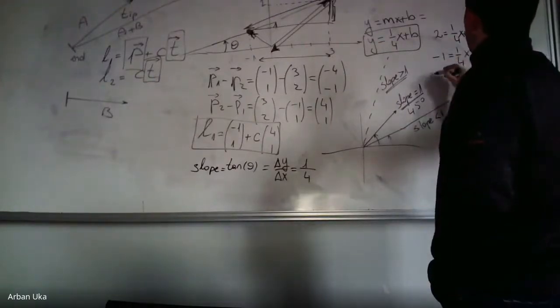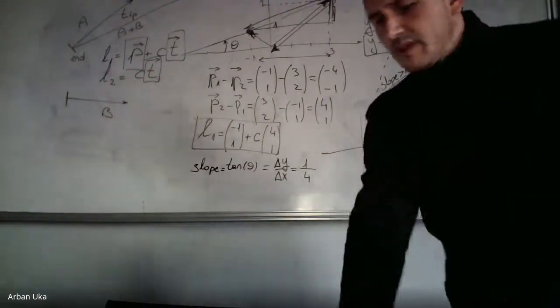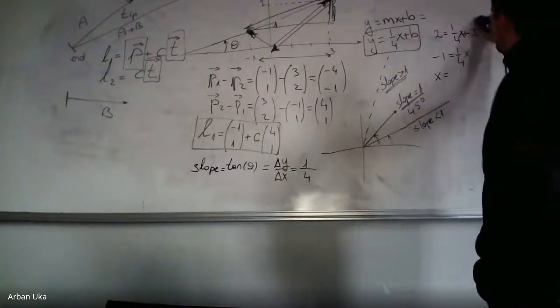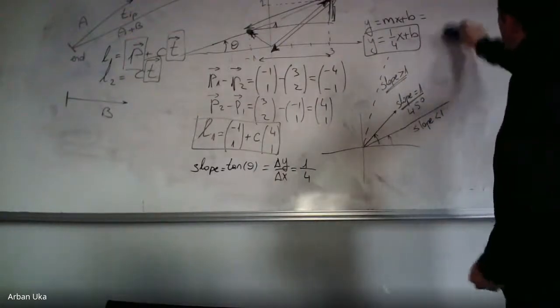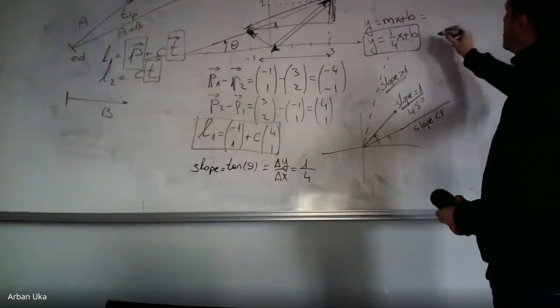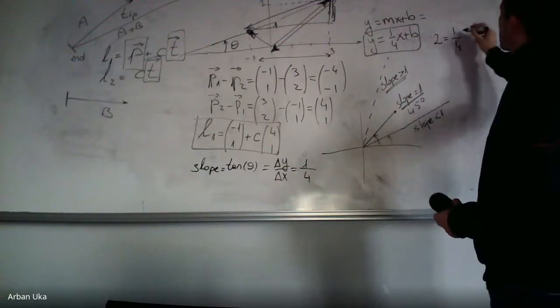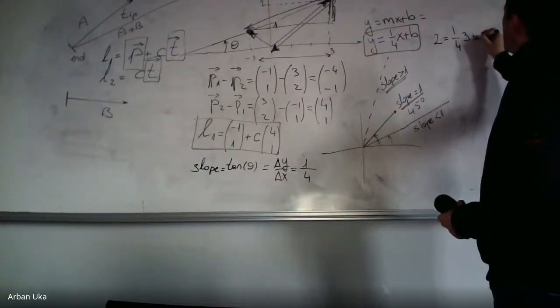Wait, no, I made a mistake. I should substitute in x. So y here is equal to 2, and this is equal to 1 over 4 times x. What is x? It's 3, plus b.